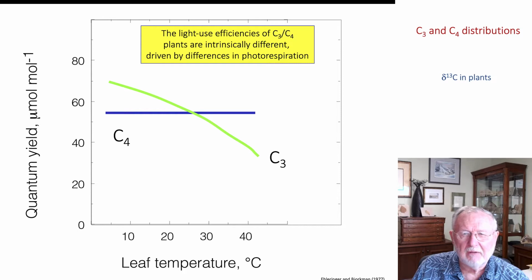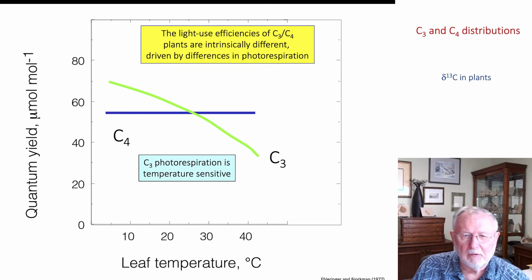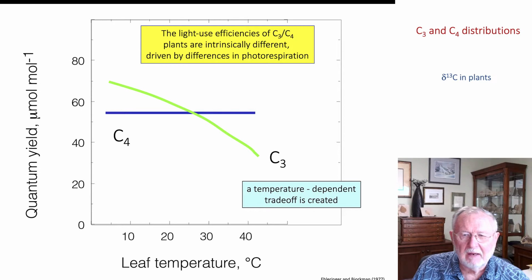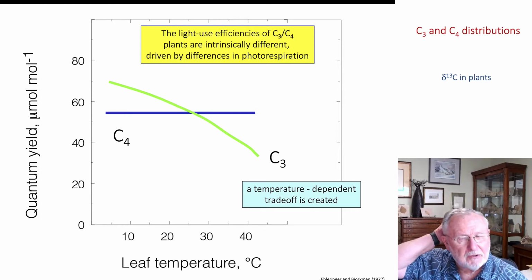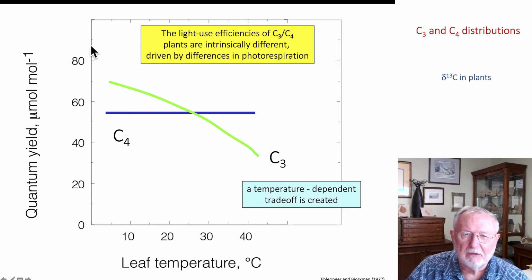So here we have a difference in efficiency between C3 and C4 plants. C3 photorespiration, again, is temperature sensitive. And this creates a temperature-dependent trade-off, where C3 plants might be advantageous in cooler environments and C4 plants advantageous in warmer environments.